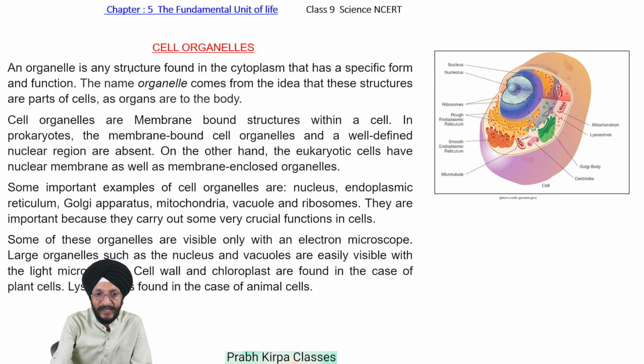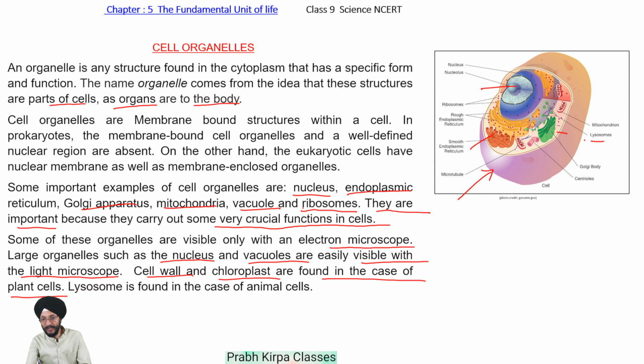Chloroplast helps in the synthesis of food as it contains chlorophyll. Cell wall is the outer covering outside the plasma membrane, which is not found in the case of animal cells. Here we are giving the photograph of an animal cell as it contains lysosomes. Lysosome is found in the case of animal cells.